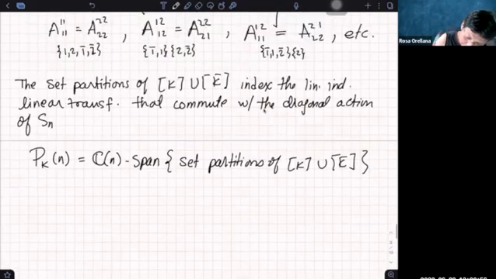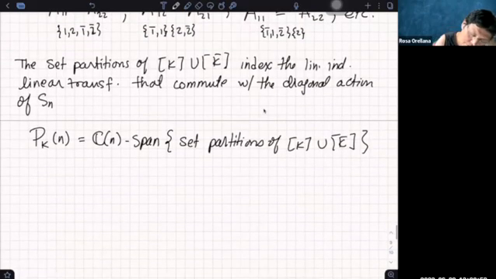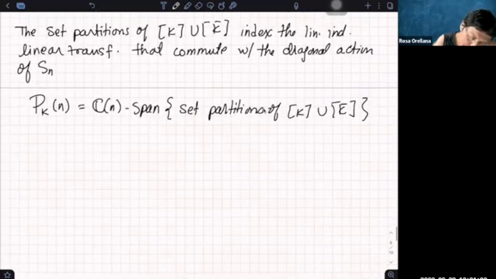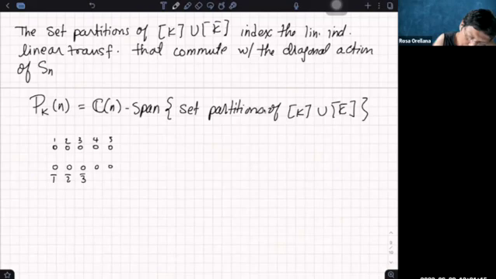So when you have a set partition, notice how there are 2 rows. The way that we usually represent these elements is using diagrams. So here you put 1, 2, 3, 4, 5, and here 1 bar, 2 bar, 3 bar, 4 bar, 5 bar, for example.